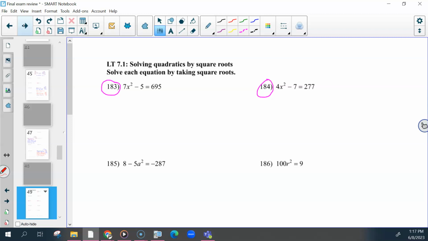Now in Unit 7, quadratics, the first objective is solving quadratics by square roots. Which of those do we want to see, go over, have questions about? 189.